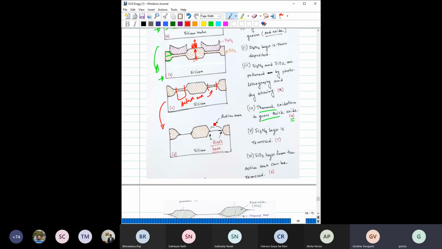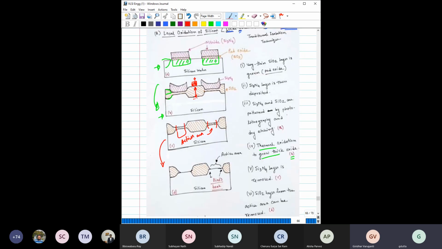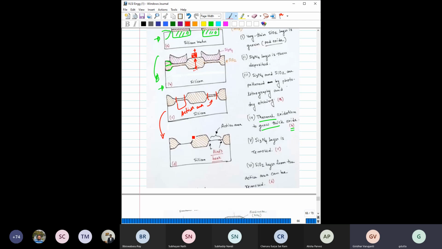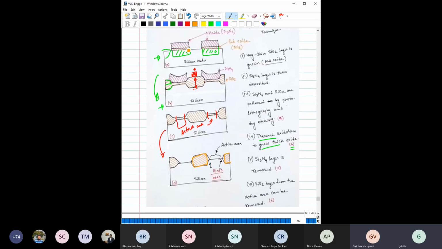While you do this, you can see from here what we could have preferred was this type of structure, here and here. But you can clearly see that during oxidation there will be some oxidation here.